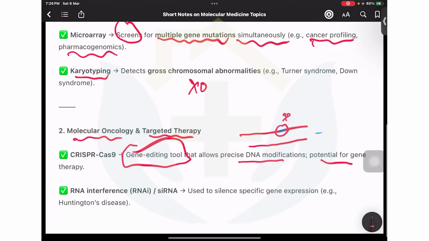Then comes RNA interference, that is siRNA. This is to use what? This is the RNA which is going to connect with ribosomes and produce a protein. Now, if I use an anti-RNA and it binds to it so that it cannot enter into the ribosomal complex, then what will happen?